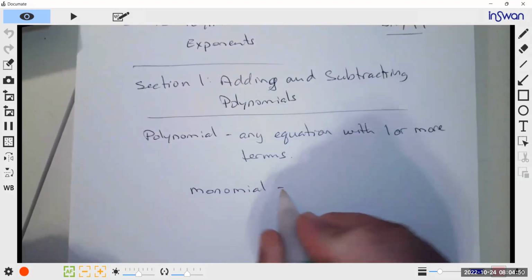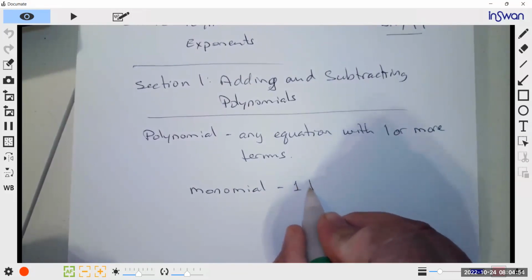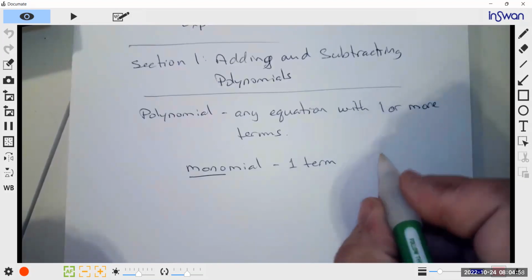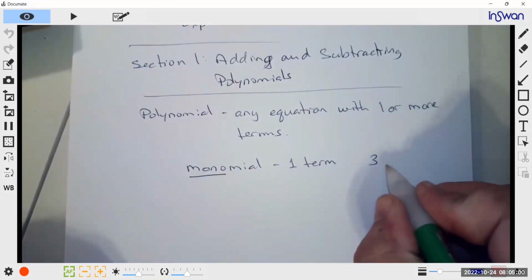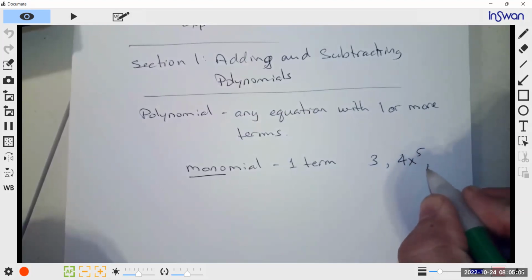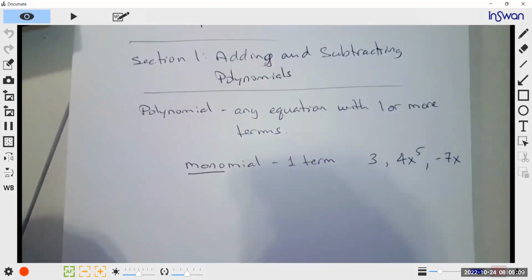A monomial is an equation that has one term, because mono means one. For example, 3, 4x to the 5th, negative 7x. All those are examples of monomials.